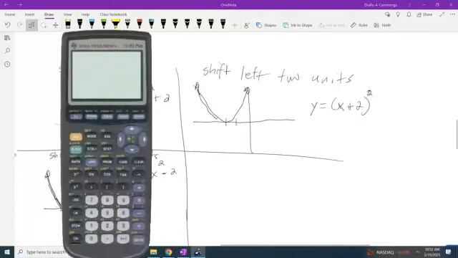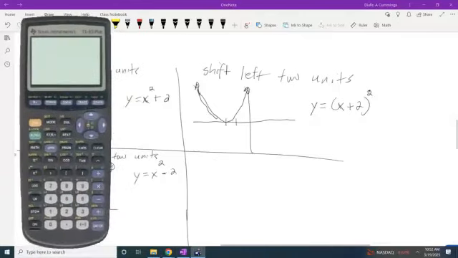So we're going to put this into the calculator. So I'm going to keep the first function, x squared. I'm just going to overwrite that. The second function, you must put in a begin parenthesis, x plus 2, and then you must square it.